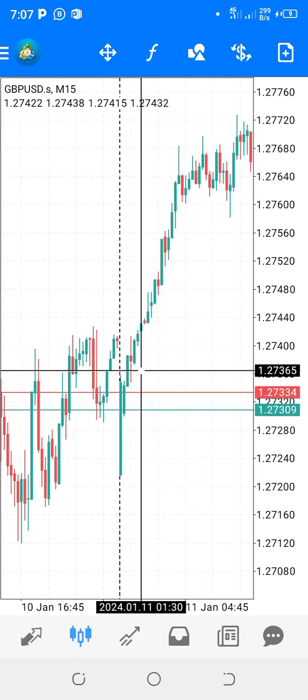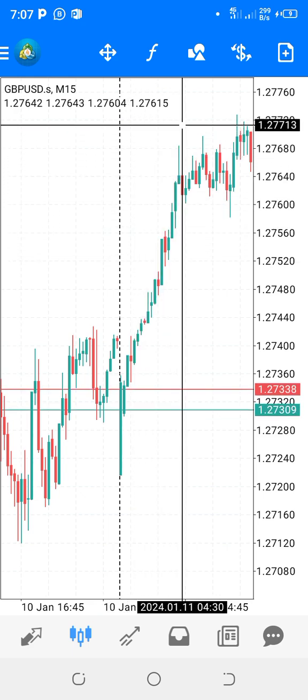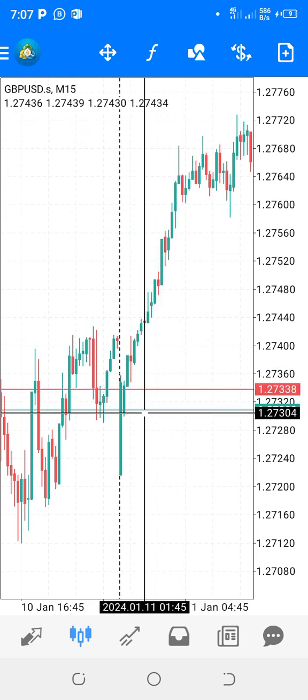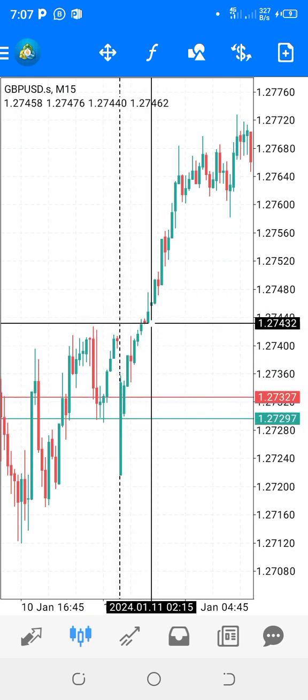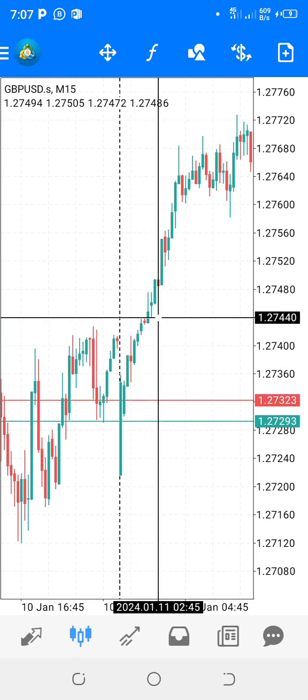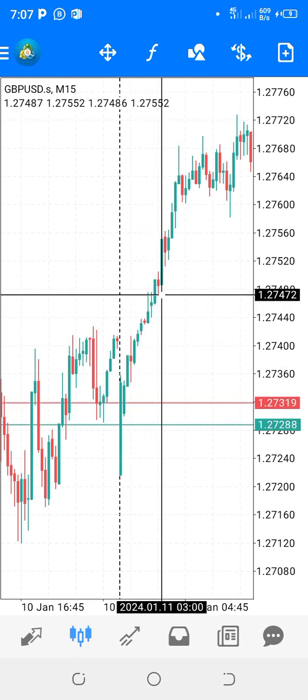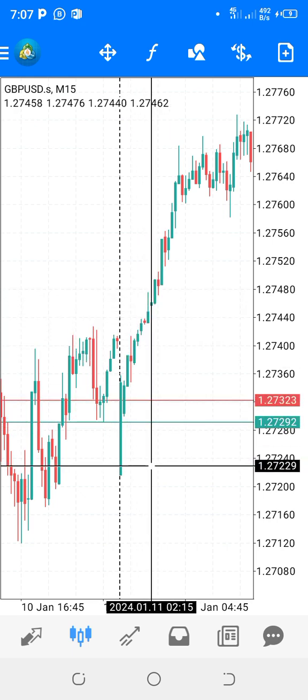So having all of these G3 moves in 15 minutes was a clear sign that there was greater buyer volume in the market than seller volume from the early hours of the day.